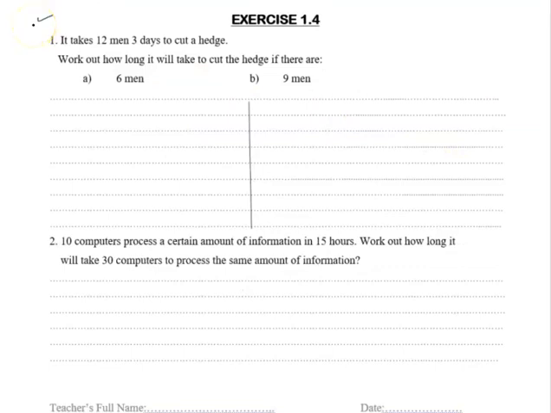Exercise 1.4 covers inverse proportion and currency conversion. Inverse proportion is when you're given a ratio, but as one increases, the other decreases. For example, you have a project in which you're planning to build a shed, and you hire 4 workers who say they'll complete the work in 3 months.